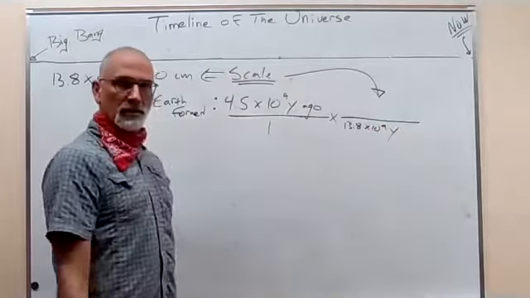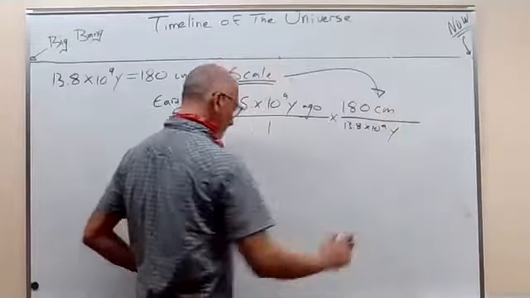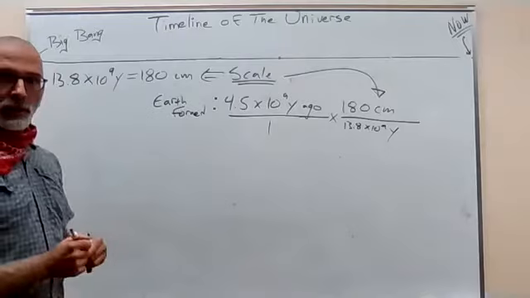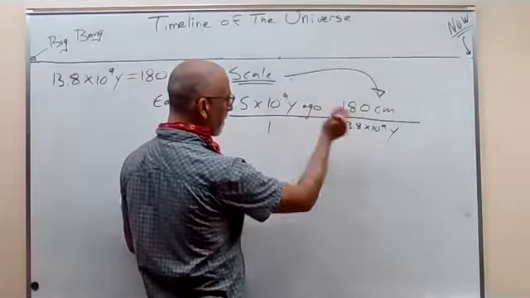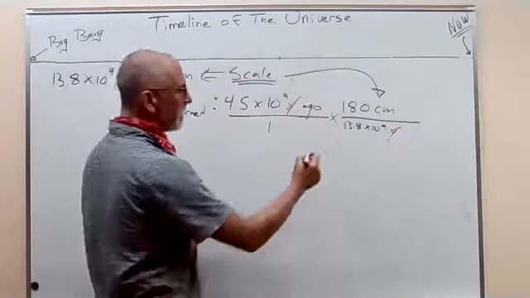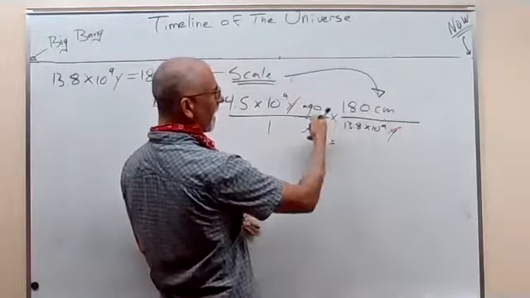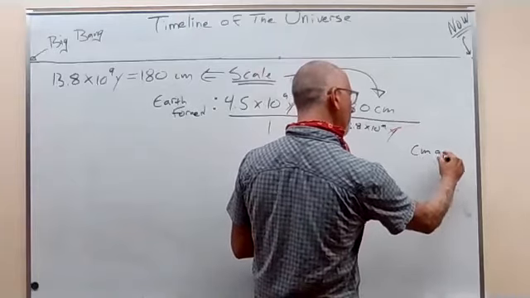That's the age of the universe. And then up here, I'm going to put 180 centimeters. So the way this works out, let me look at my units. We're going to do some cancellation of units. I got years on the top and I got years on the bottom. They're going to go away. And it's kind of a funky unit to have. The units that I'm left with are centimeters and ago, so I can say centimeters ago.